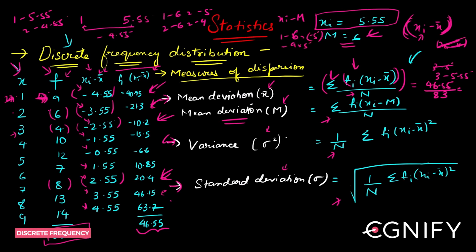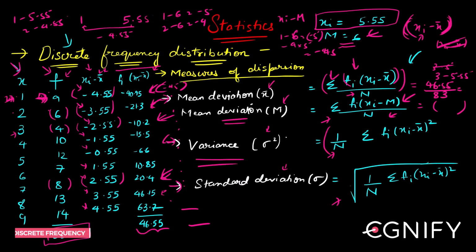So minus 9 into 5 is minus 45. So fi into xi minus m for the first quantity will be minus 45. Likewise, you make a table completely for all the data points, add them up and divide them by the sum of the frequencies, and that will give you the required answer.